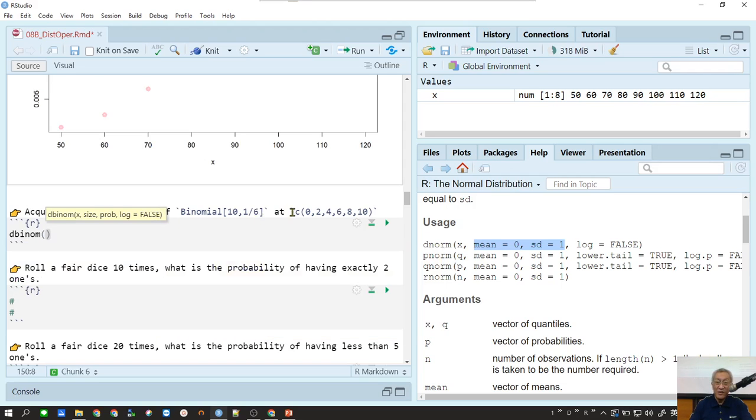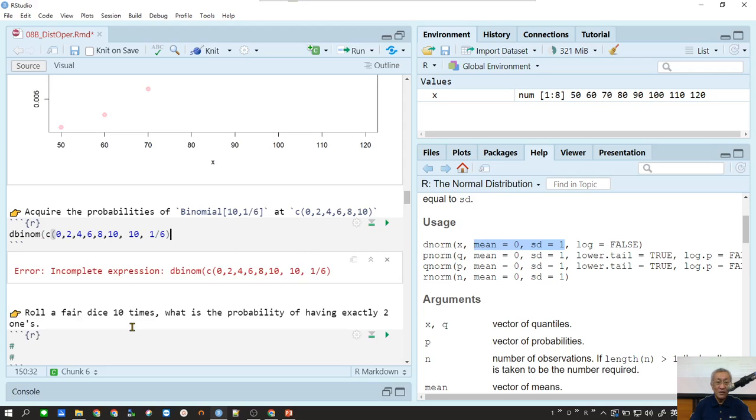And these are the X that we want, right? These are the arguments of binomial, okay? And okay, what's the problem? Oh, yes.